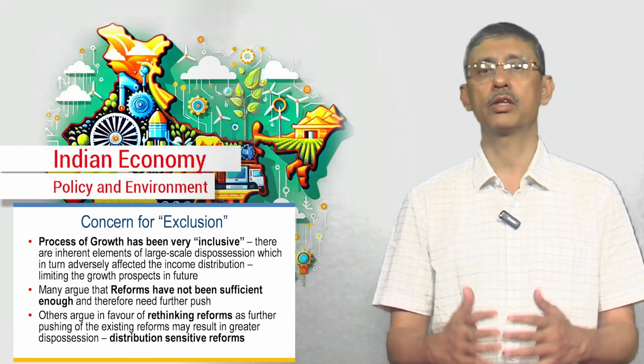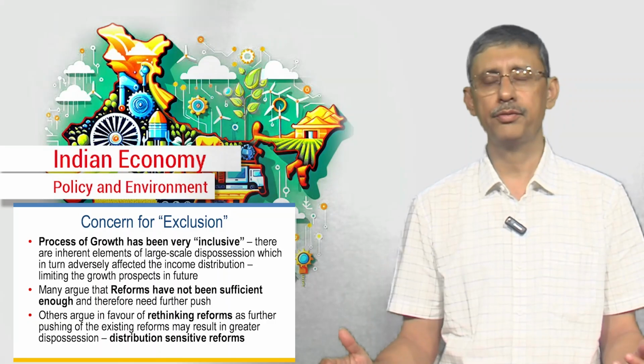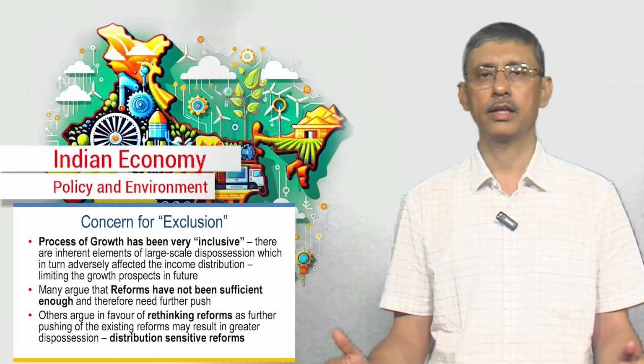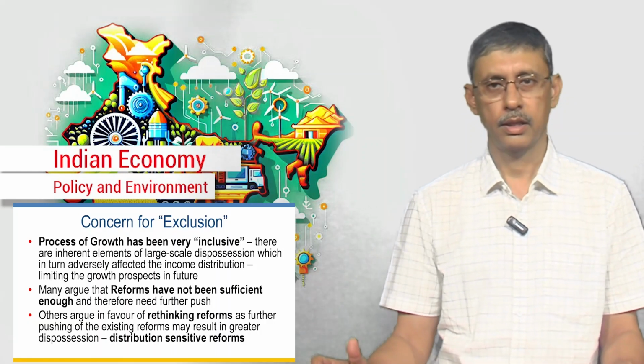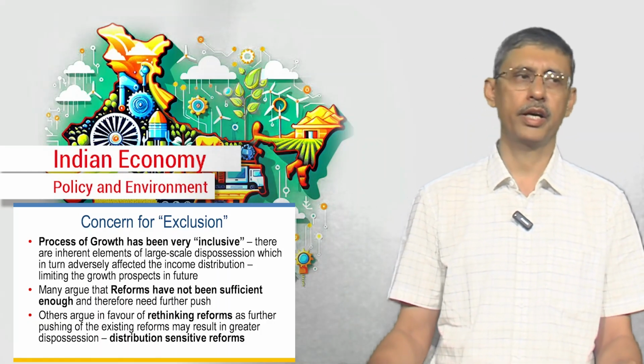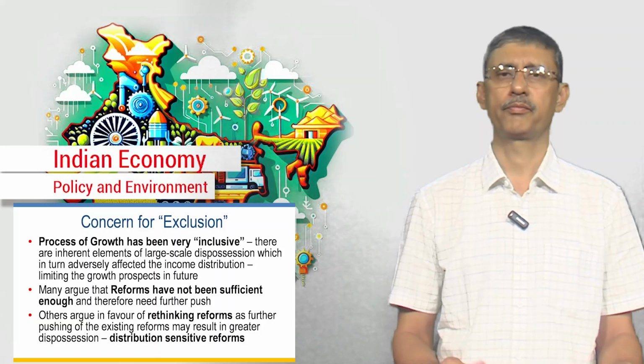There will be a much worsening of the situation. And therefore, they argue that pushing further will result in more dispossession, and therefore it is going to create a problem for us.